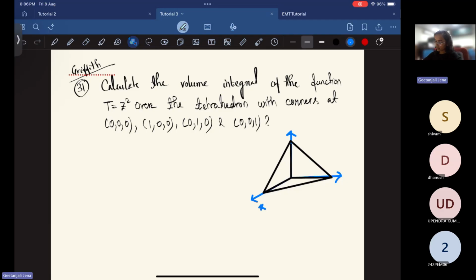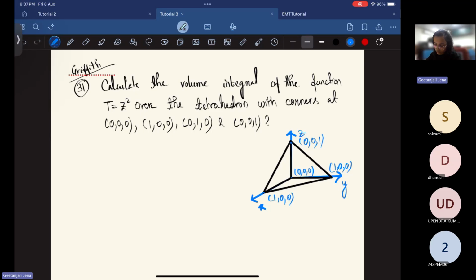So we have X, Y, and Z. One corner is at 1, 0, 0, then 0, 0, 0, and this is 0, 0, 1.